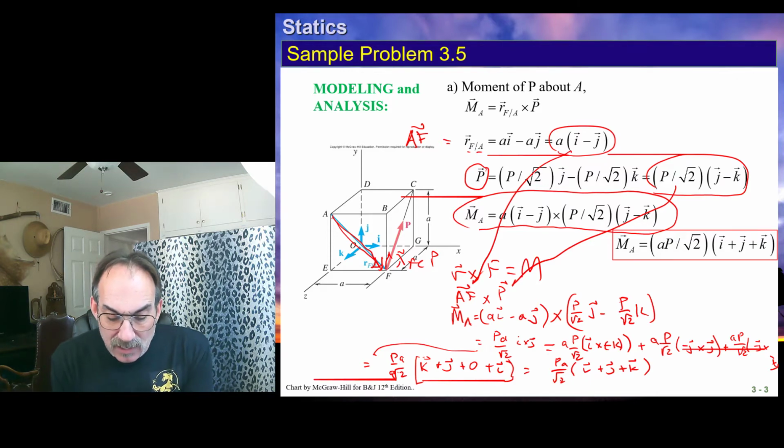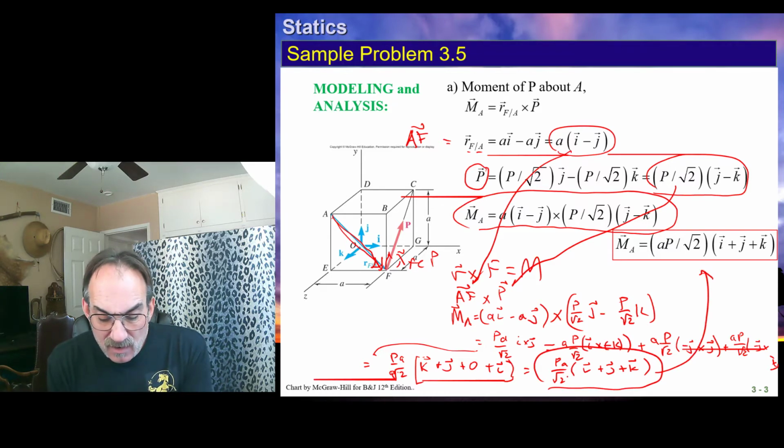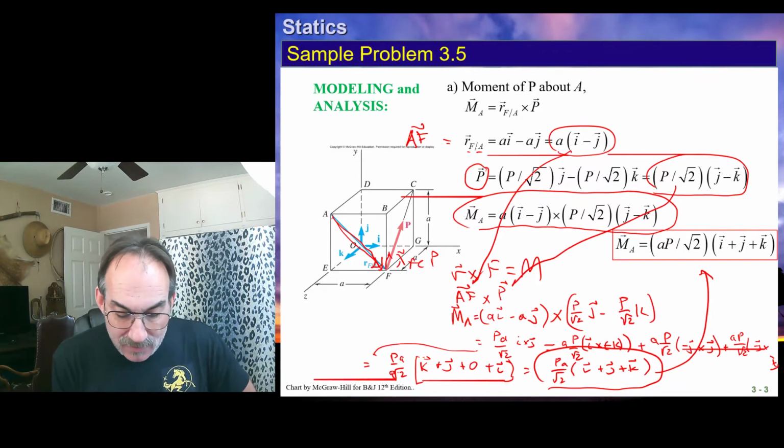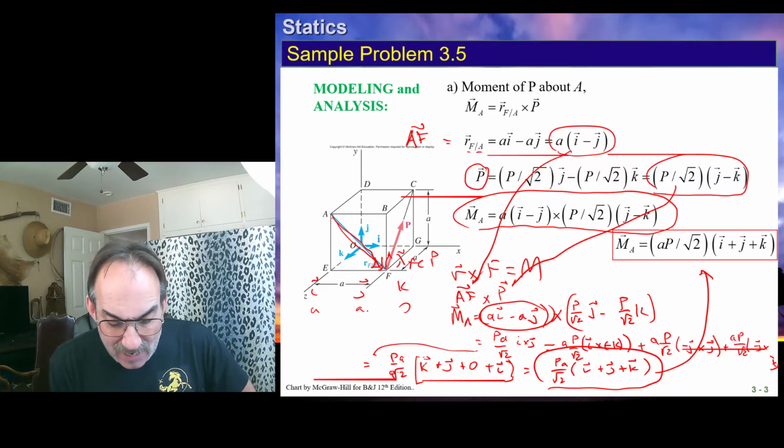And if we look up here, AP over square root of 2 times I plus J plus K, that's what we got. Now you could also have laid out the determinant, taking your position vector, A, 0 for the I, J, K, and your other vector, which is P over square root of 2.